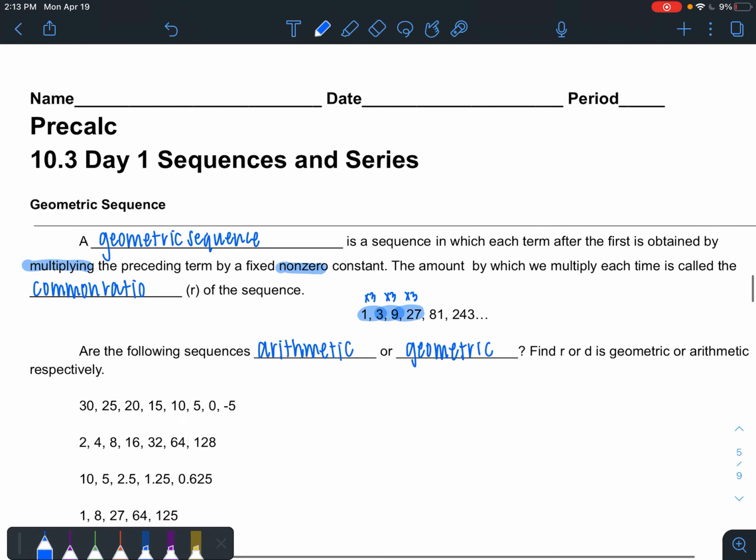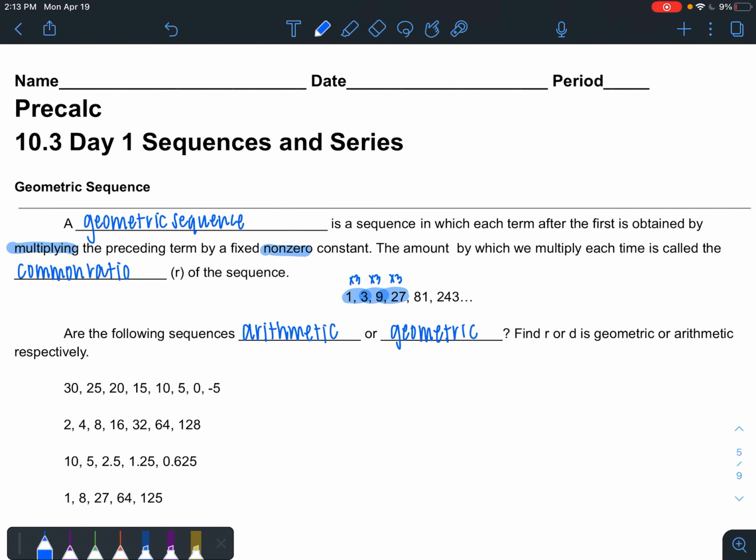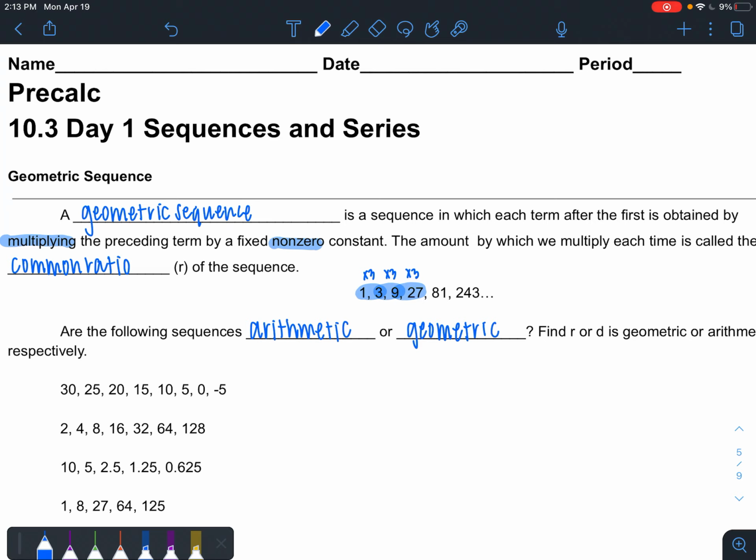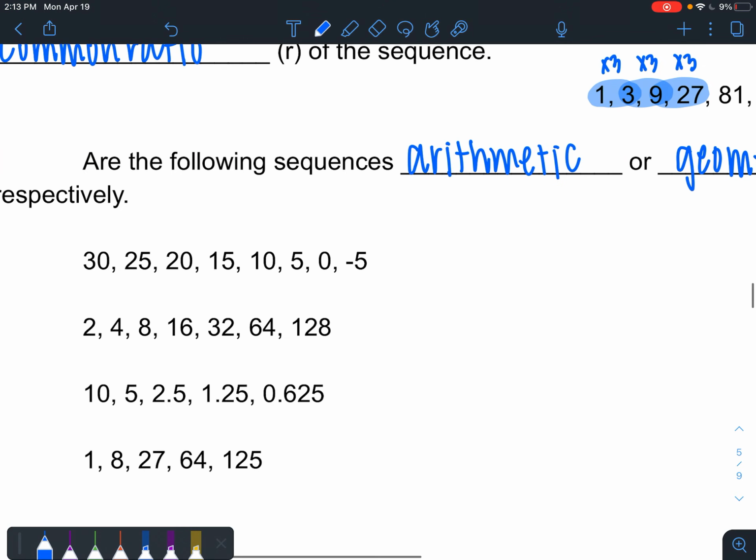Okay, so we're trying to decide if the following sequences are arithmetic or geometric, and we're trying to find r or d. So r is the common ratio for geometric, and d is the common difference for arithmetic. Looking at this pattern, I'm going from 30 to 25, 25 to 20, 20 to 15, so you can catch the pattern that we are subtracting 5 each time.